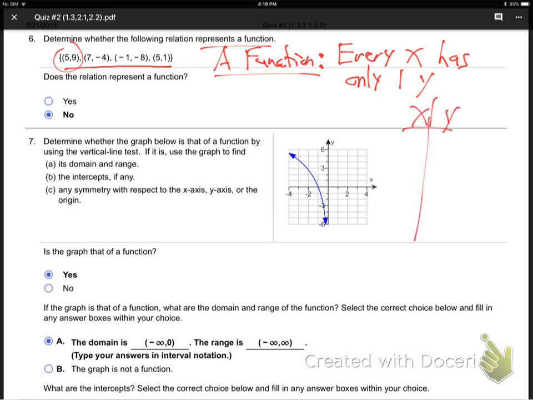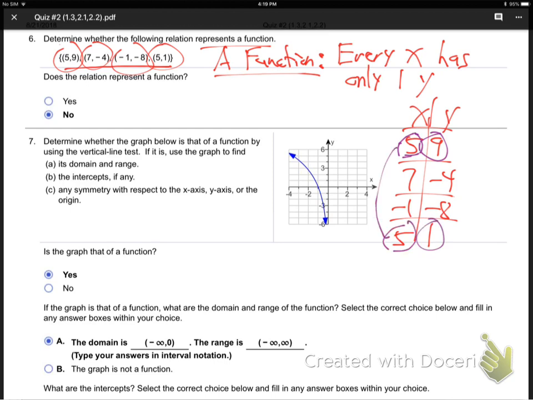So we got 5, 9, 7, minus 4, negative 1, negative 8, and 5, 1. So, is that a function? No. As you can see, the answer is already there, because the x of 5 goes with 9, and it also goes with 1. That's the same x going with two different y's. So that's why it's not a function. Every x can only go with one y.